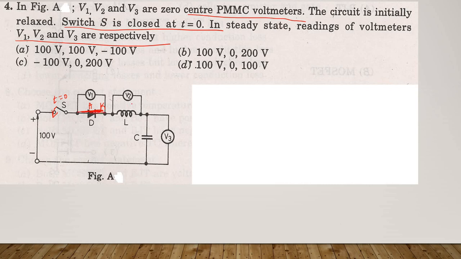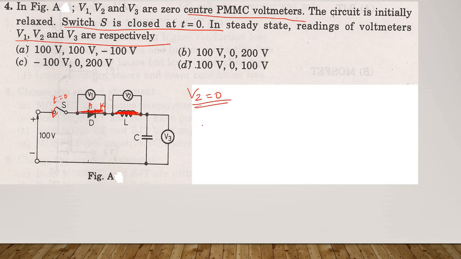So it starts conducting. Now I am going to find V1, V2, V3 in a steady state. In a steady state, the inductor acts as a short circuit. So V2 equal to 0.